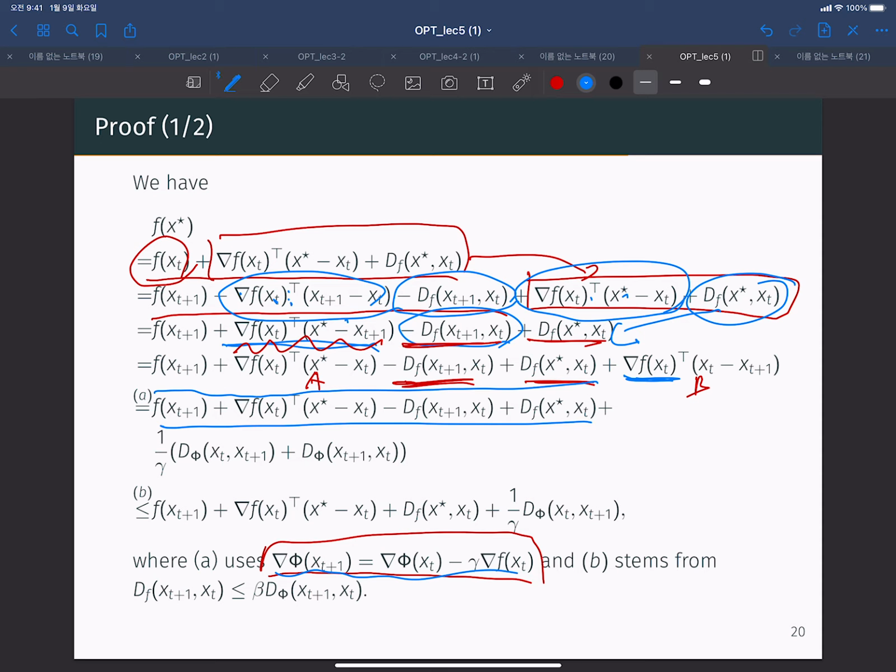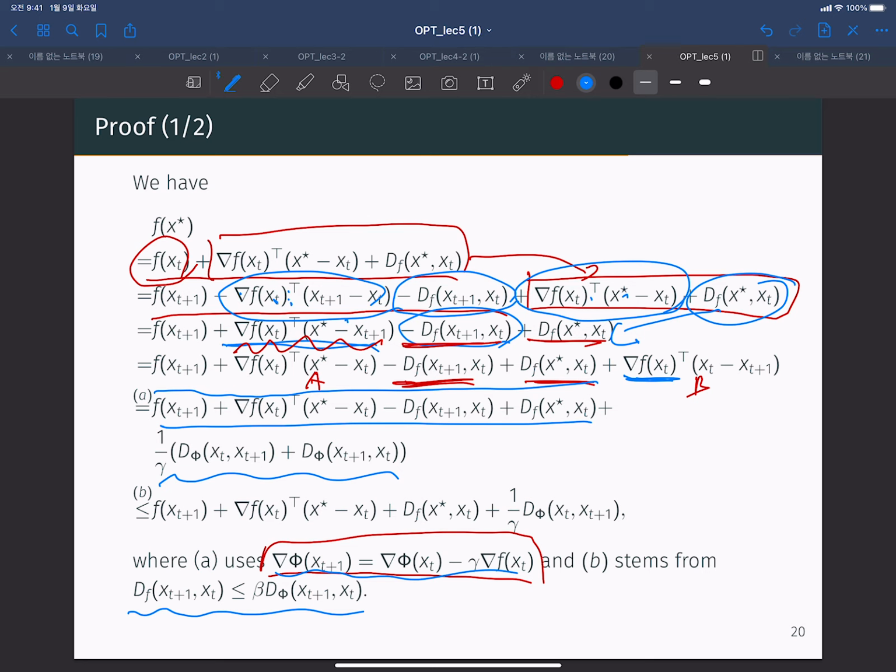Then we have this from the definition of Bregman divergence. And then I used this property, the beta relative smoothness property.